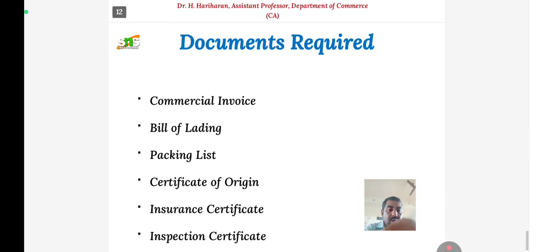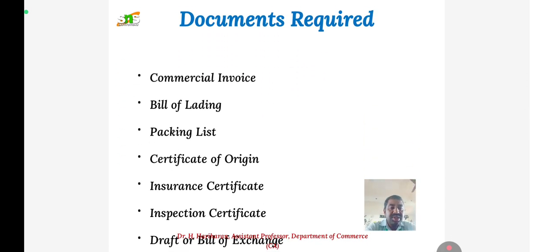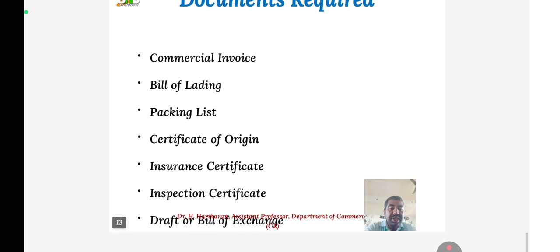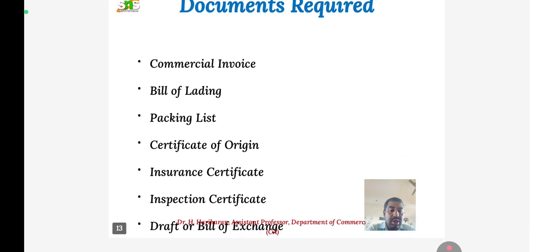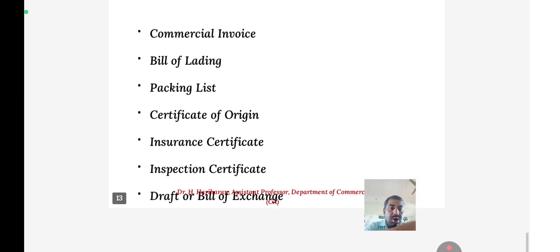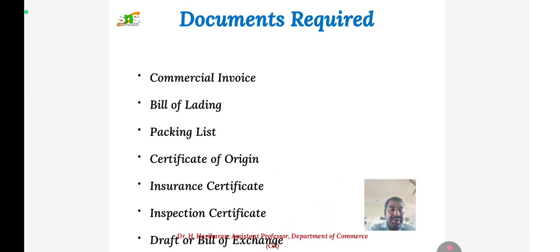Documents required for opening an LC: commercial invoice, bill of lading, packing list, certificate of origin, insurance certificate, inspection certificate, and drafts or bill of exchange. We all know what a commercial invoice is; without it you cannot start a business. The bill of lading is a transportation document given by the liners.